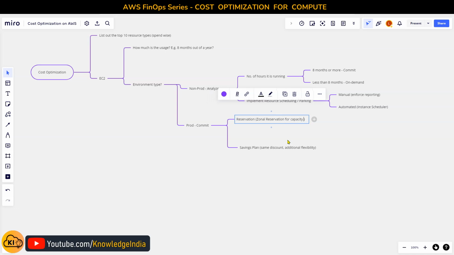This is one unique thing which you will get only when you do the reservation. For those workloads which are quite critical and you want to make sure that you always have the capacity available in a particular availability zone, you can do zonal reservation. We have another video where we have shown how to do zonal reservation. If you want, you can check that video.